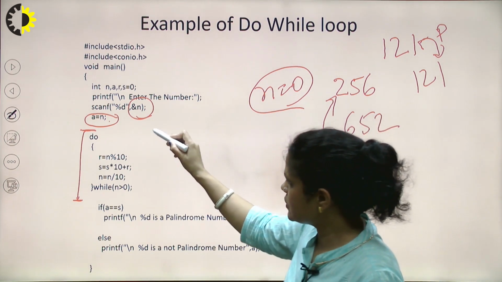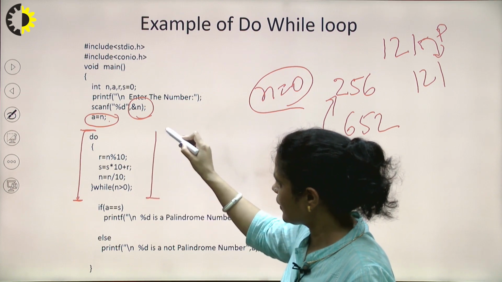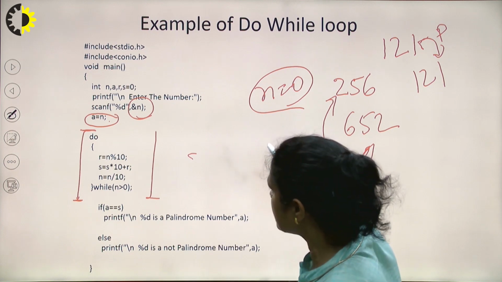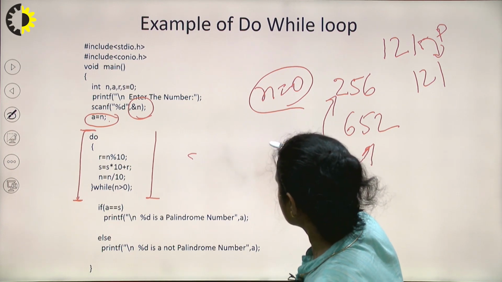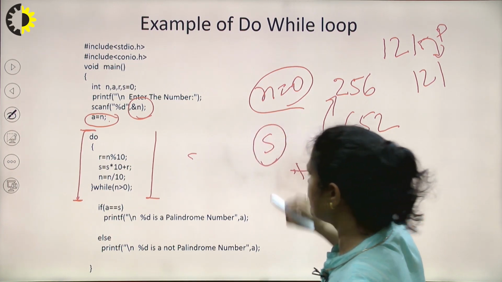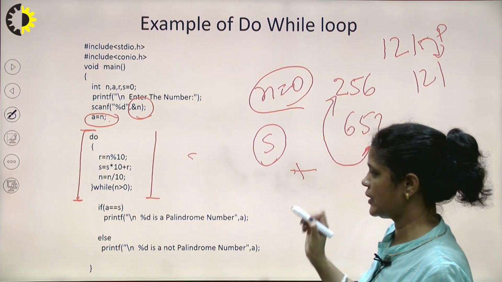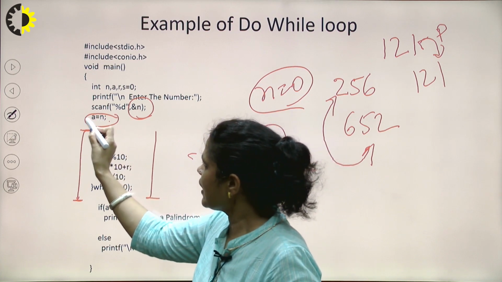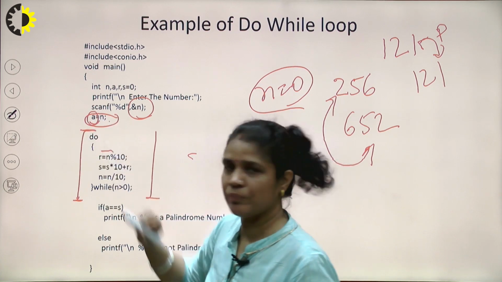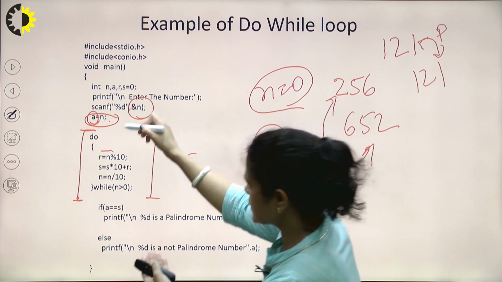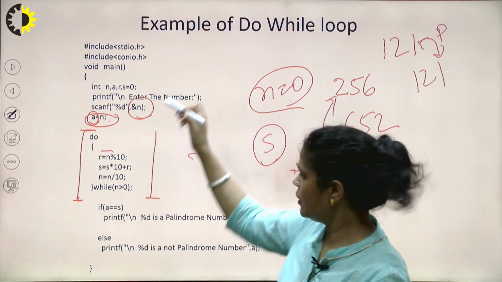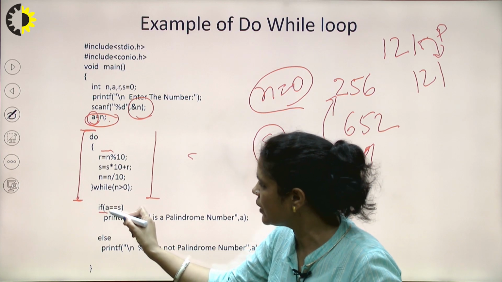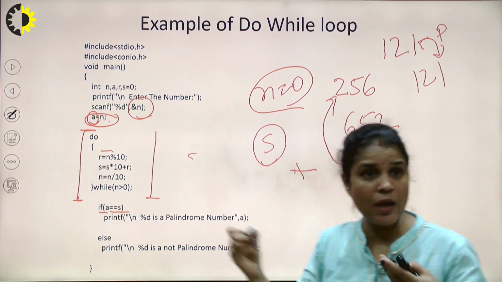So this logic is the same, and in this s, we are getting the reversed number, and the original number we have copied in a, right? This is the same logic, I'm not explaining it again. But at last, what will we check? We'll check if a is equal to s.